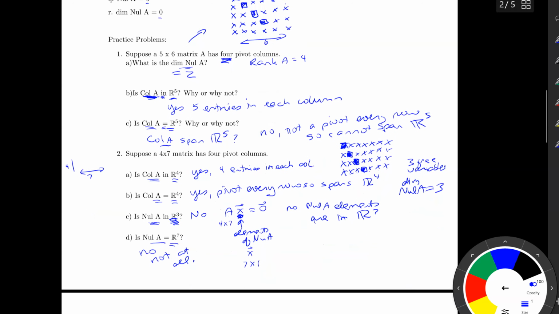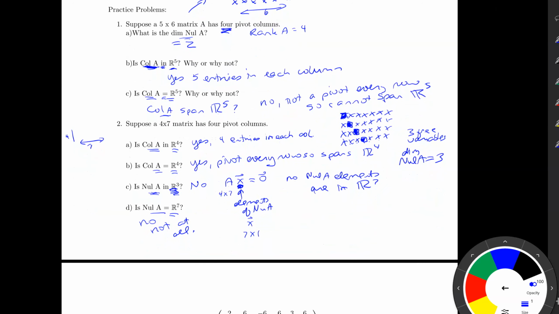For sure, I know I only have 3 vectors, 3 free variables, because I have 3 vectors that are the basis for Null A. And they're all in R7. So if I only have 3 vectors in R7, I can't possibly span R7.